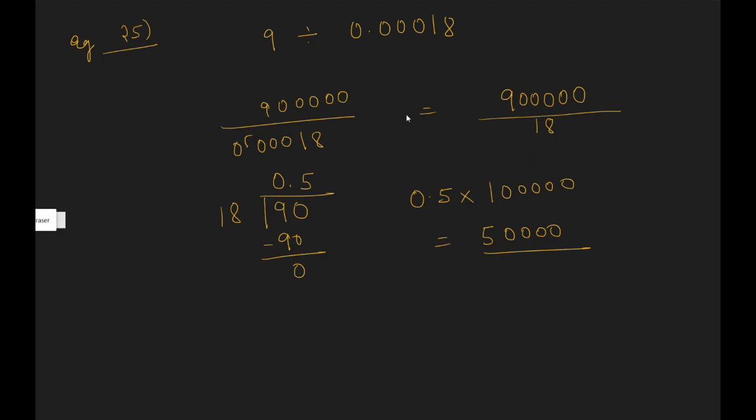Example number 28. Example 28 says, a sack contains 8.25 kg of sugar. How many bags, each weighing 0.55 kg, can be filled with it? So a sack contains 8.25 kg of sugar. Okay, one sack has this much amount of sugar.